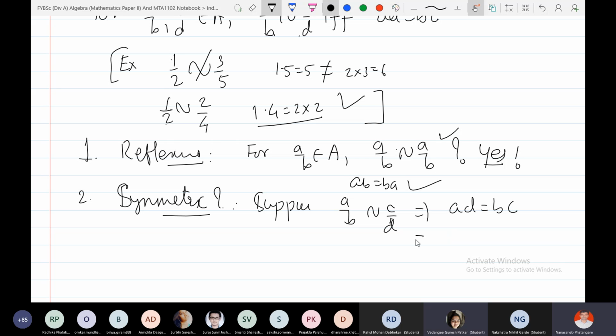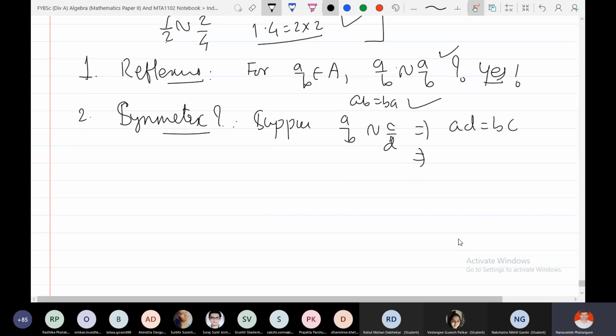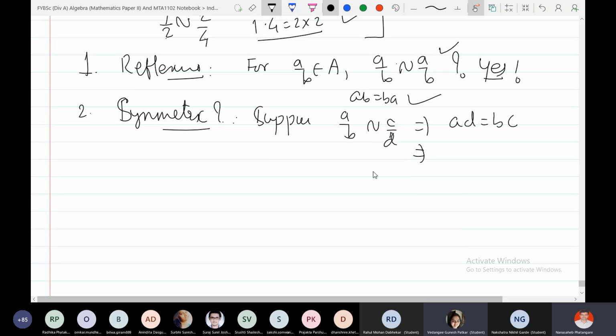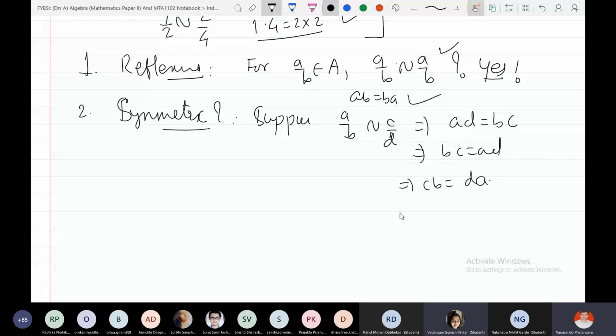AD is equal to BC means BC is equal to AD, same thing. That means CB is equal to DA. Is it the same?